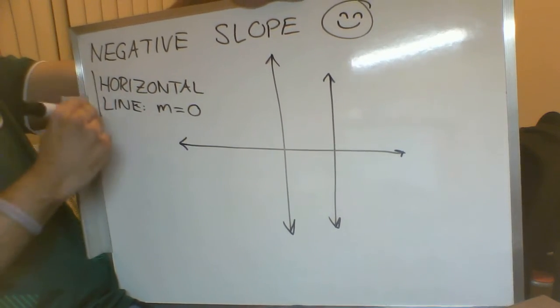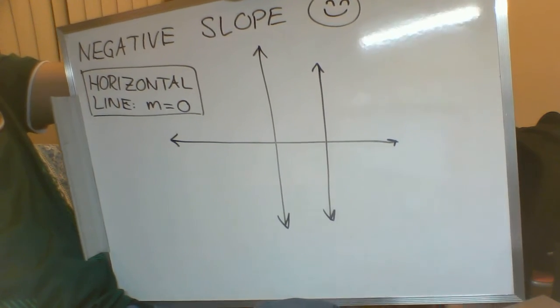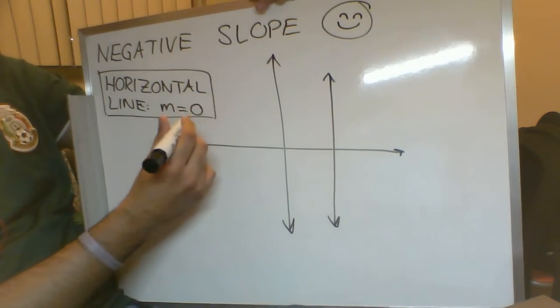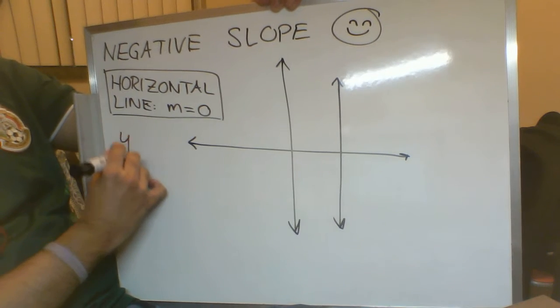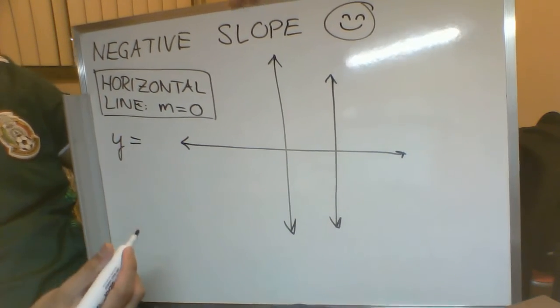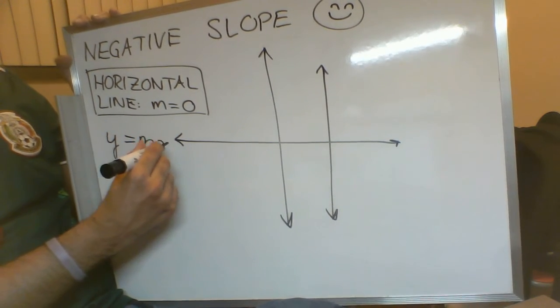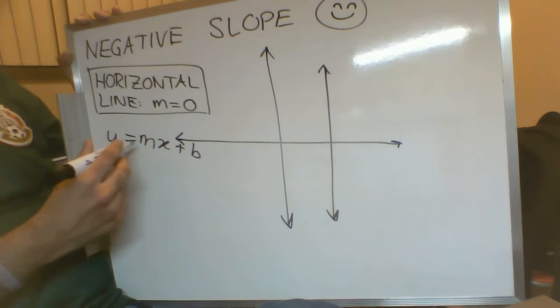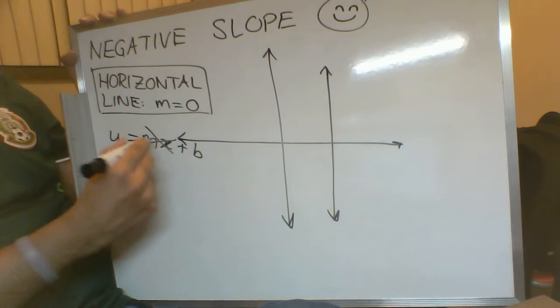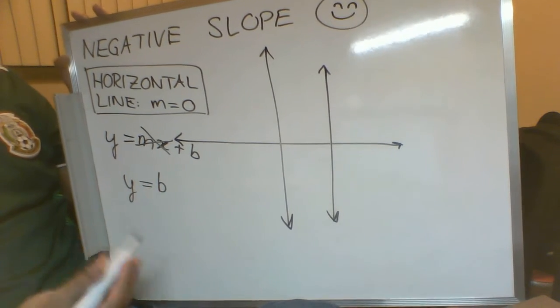That's an important point. Your equation of a horizontal line would look like y equals mx plus b, but m is equal to 0, so this whole thing is 0. You're just left with y equals b, where b is some number.